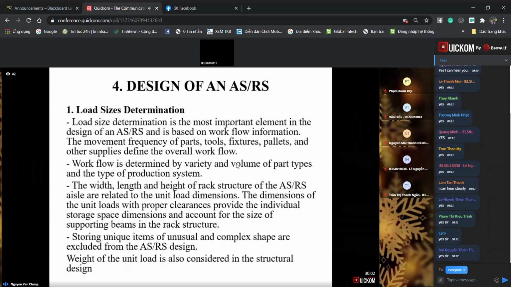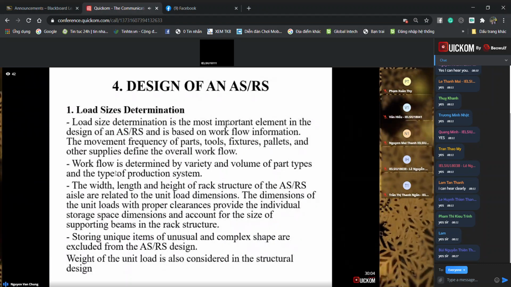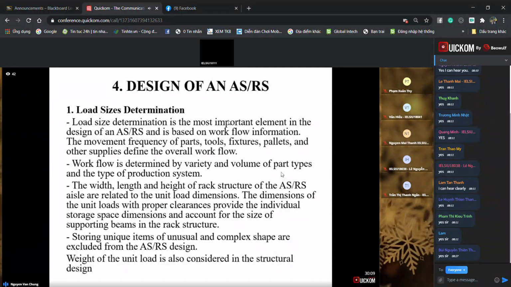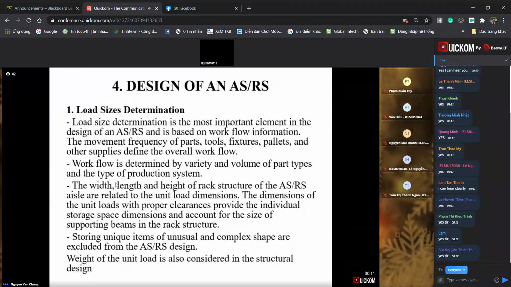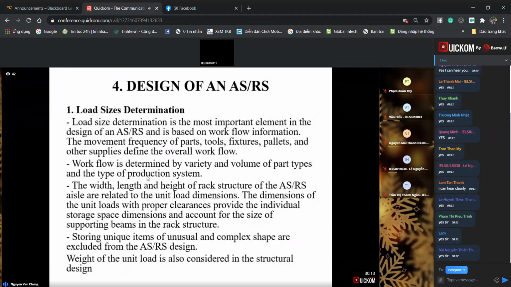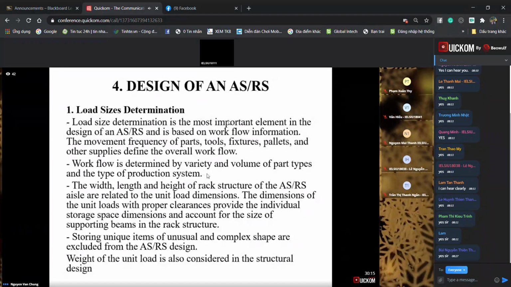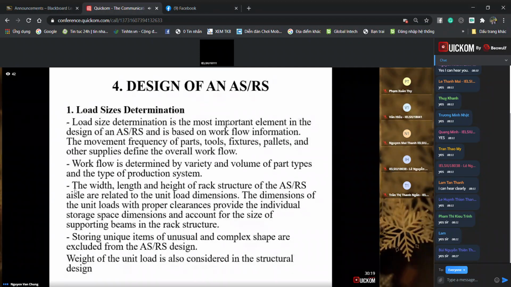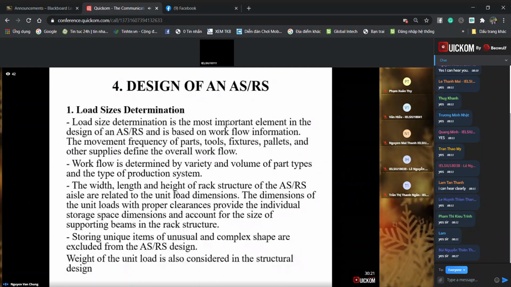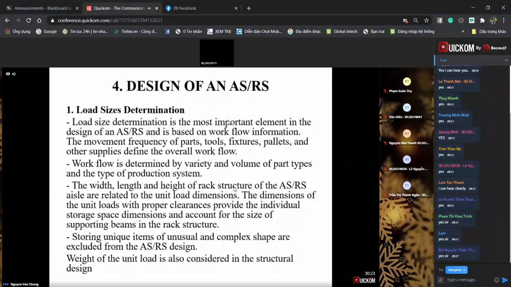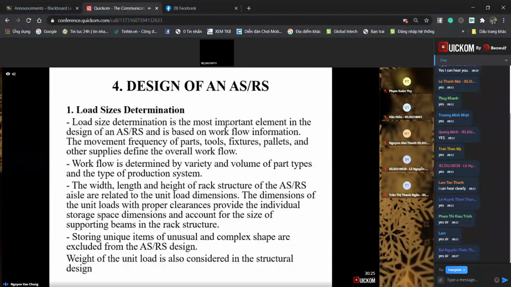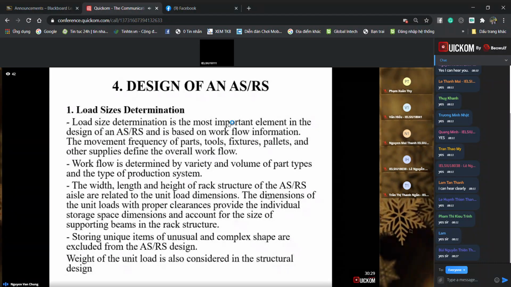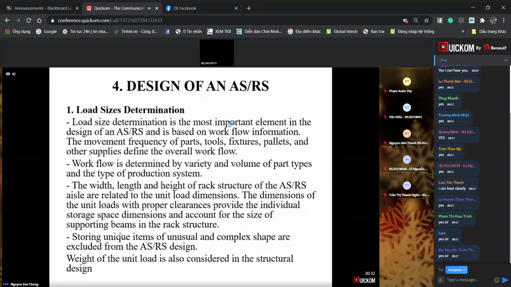Okay, so now the workflow is determined by the varieties and volumes of the parts and the time of production of the system. So like that, you have the width and the height of the rack of the ASRS.